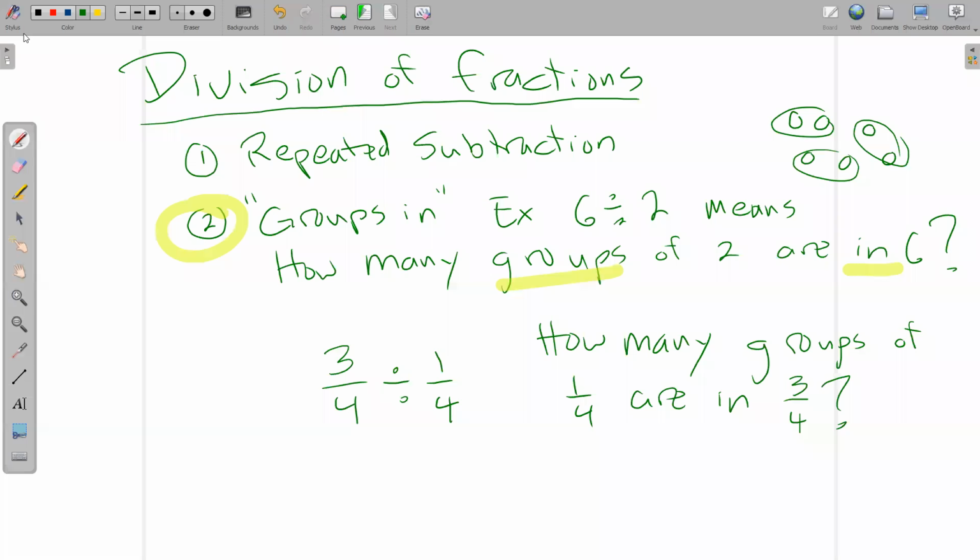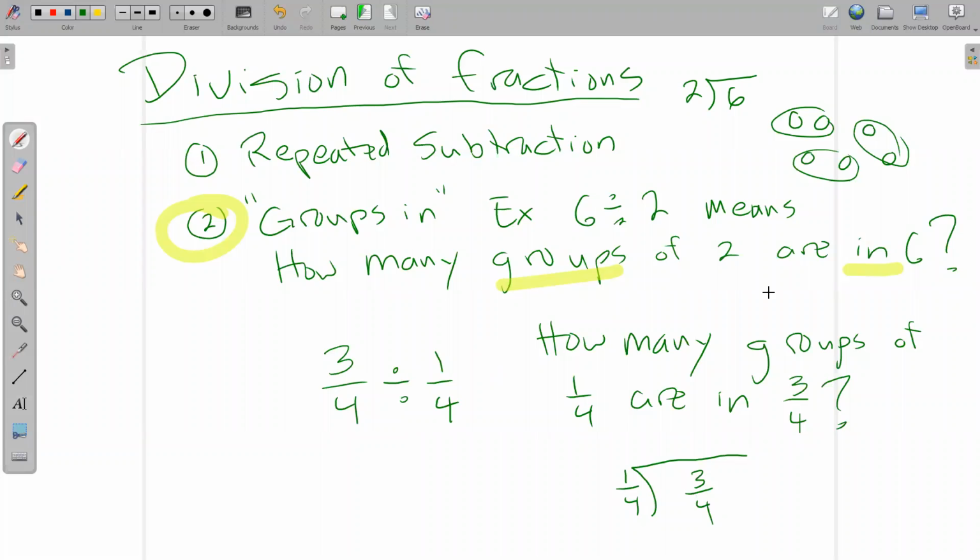And just a note on this, when I write it this way, how many groups of 1/4 are in 3/4, that's kind of like long division. 1/4 goes into 3/4 how many times, right? Like up here, 2 goes into 6 how many times? So this question allows me to write it as long division.